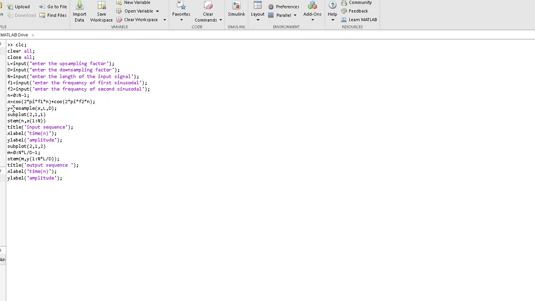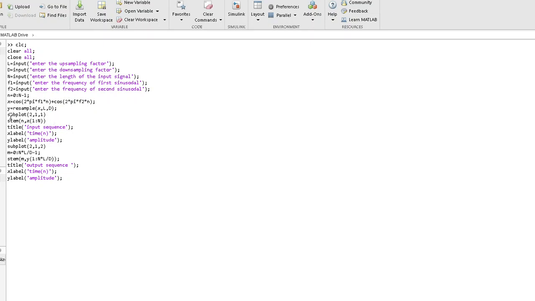In this case, we're going to use the resample function, which is going to perform the resampling. Basically, resample uses the ratio of the upsampling and the downsampling factor that is entered. That is why the parameters here are X, L, D. X is the input, which is the basis, L is the upsampling factor entered, and D is the downsampling factor entered.